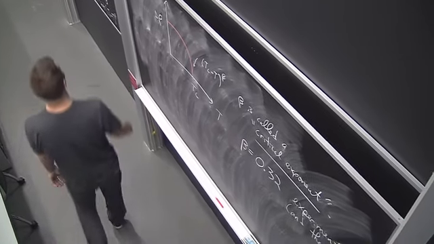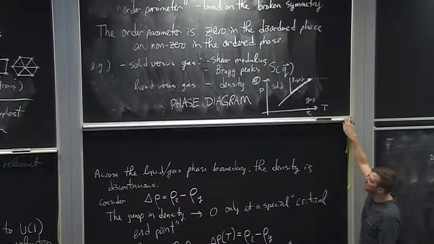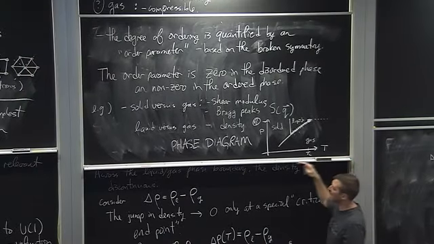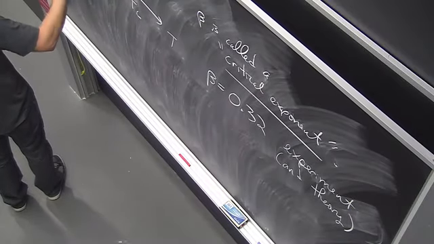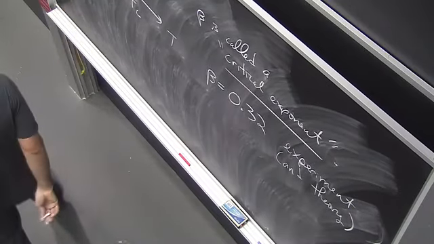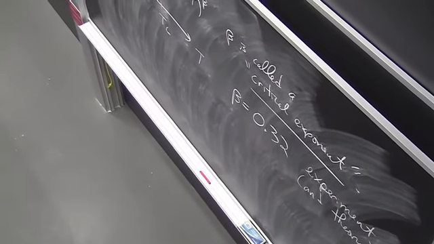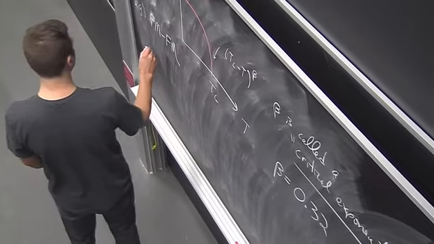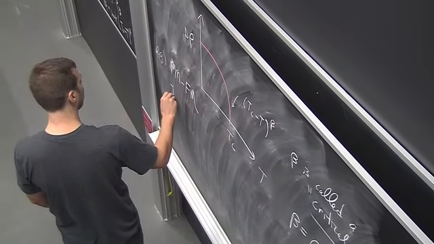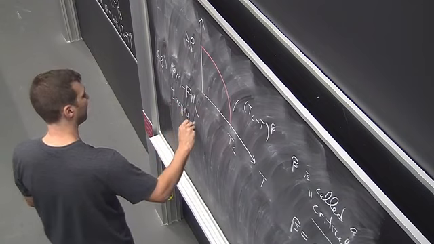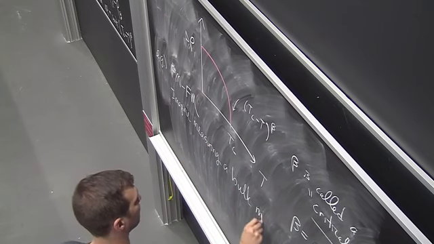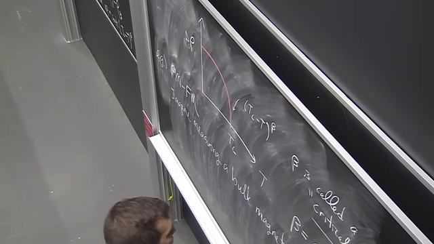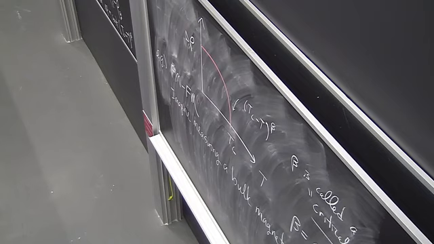You could also study order parameters in different systems. This is just a liquid gas example, but also if I look at the paramagnet to ferromagnet example, which we're going to work on a lot in this class, I can imagine calculating or measuring a bulk magnetization, which I'll define next time.